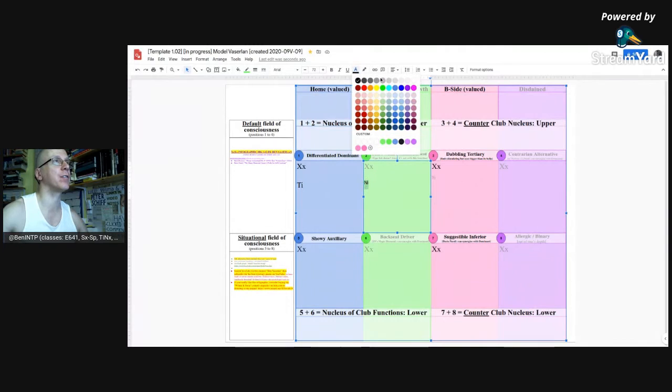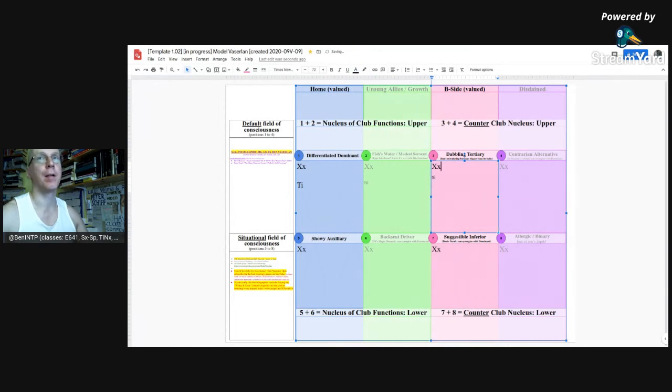So these are the little things you do when you do a model. Let's make this bigger. Font size. Wicked big. That's not wicked big. It's not getting any bigger. That's very strange.